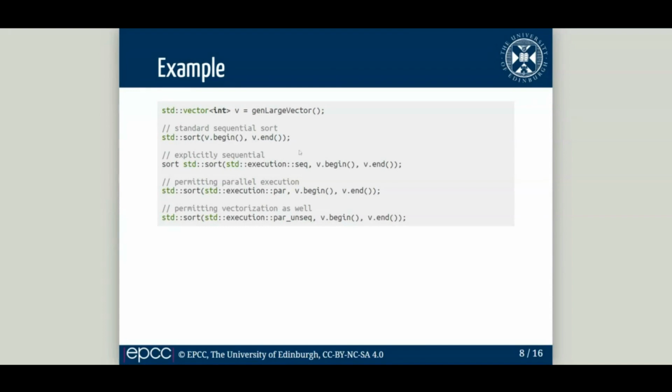So you can specify that with this parameter. And also you can say, okay, no, I want the sort to be done in parallel. And also you can say, okay, do parallel and also use vectorization as well.